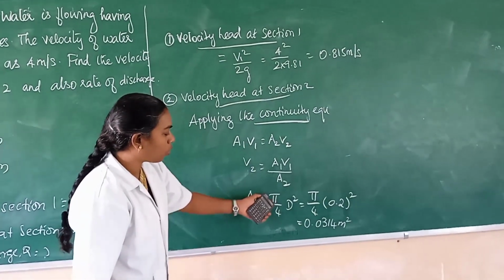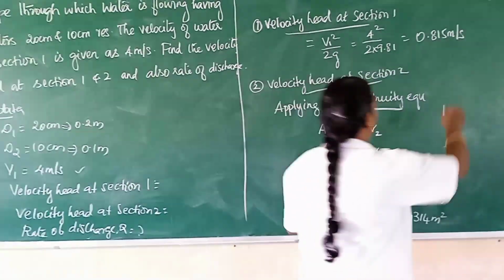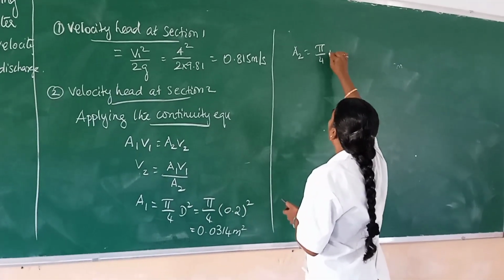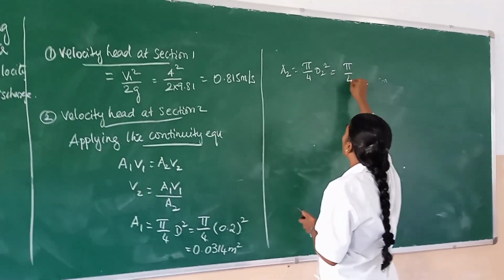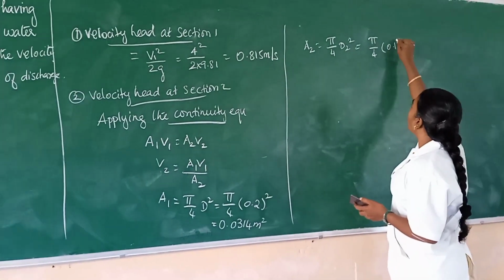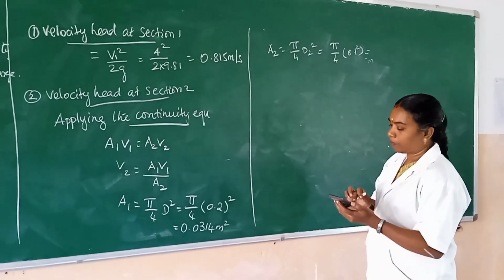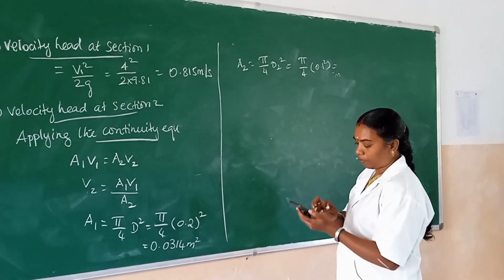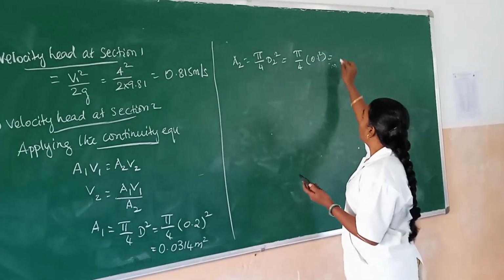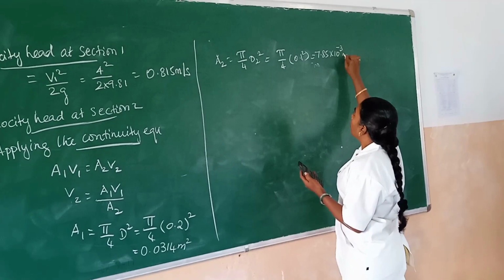Then we need to find out A2. A2 is equal to pi by 4 into D2 squared, pi by 4 into 0.1 squared. We get 7.85 into 10 to the power of minus 3 meter square.